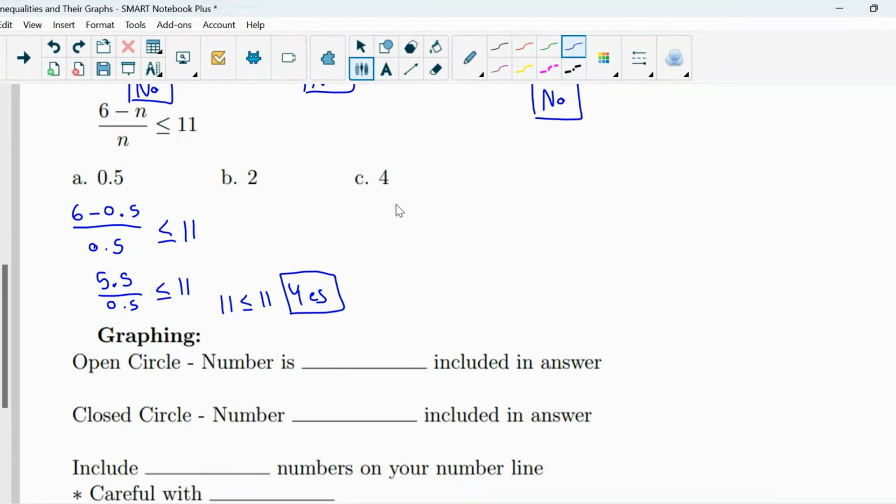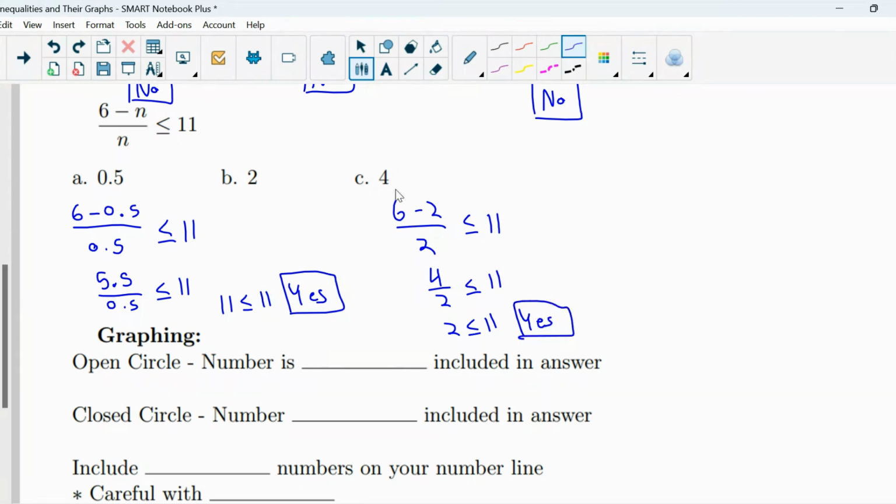Next, let's substitute 2. So that gives us 6 minus 2 over 2 less than or equal to 11. 6 minus 2 gives us 4 divided by 2 is less than or equal to 11. 4 divided by 2 gives us 2. And yes, this is also a true statement. 2 is less than 11.